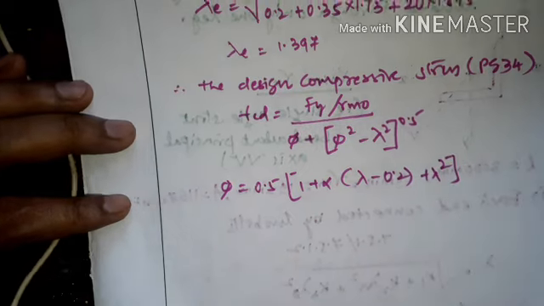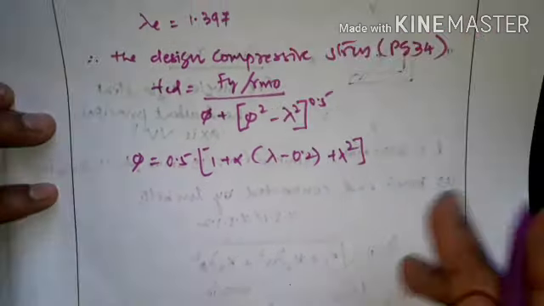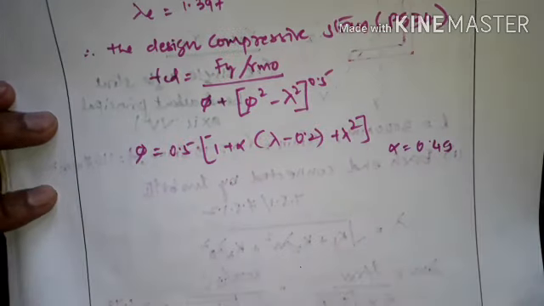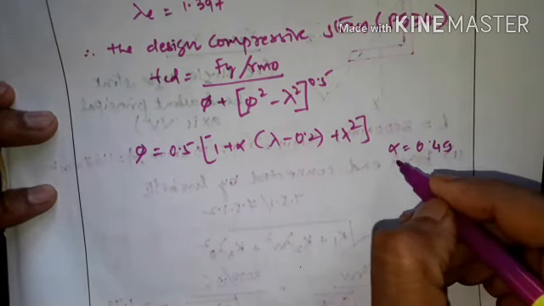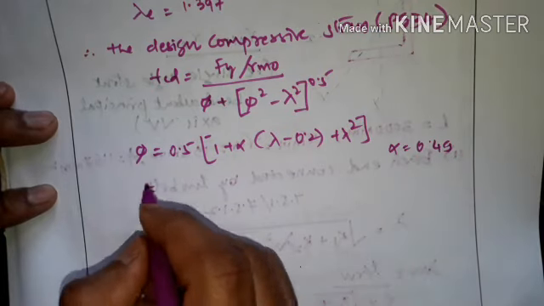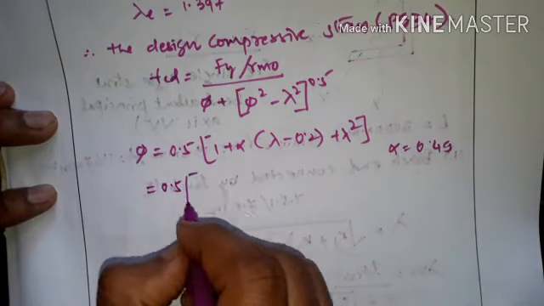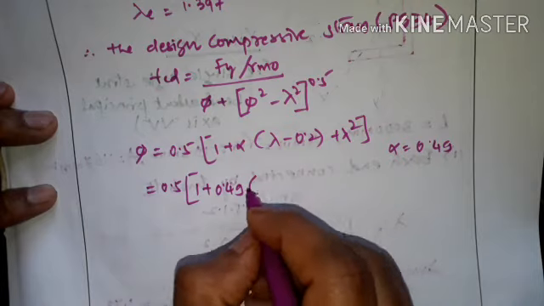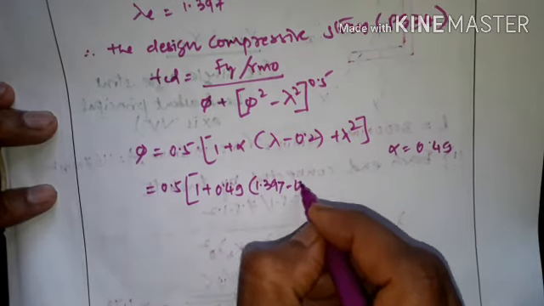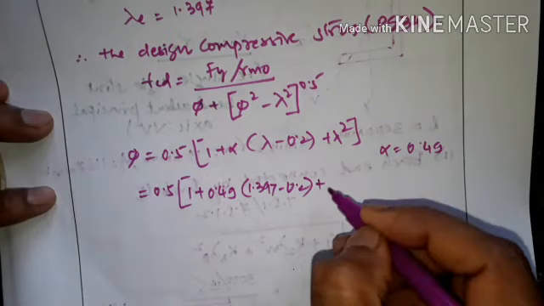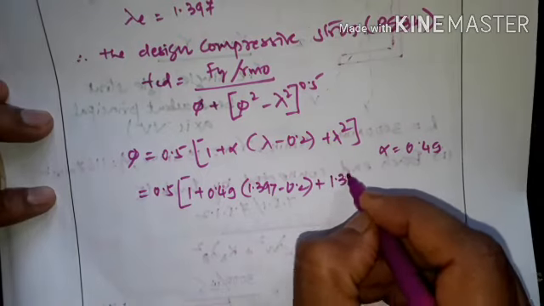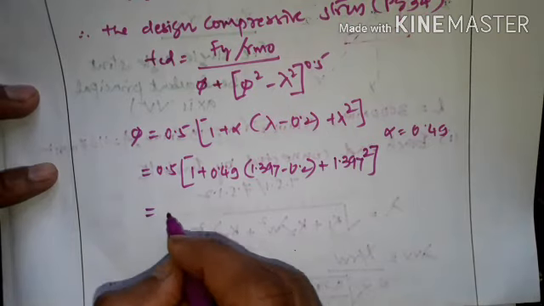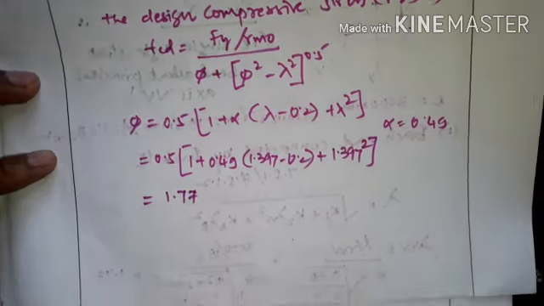Okay, so here the value of alpha is 0.49 because the angle will be under buckling class C. So I'll substitute here: 0.5, 1 plus 0.49, lambda value is 1.397 minus 0.2, plus again lambda value 1.397 square. So we'll get phi value as 1.77.